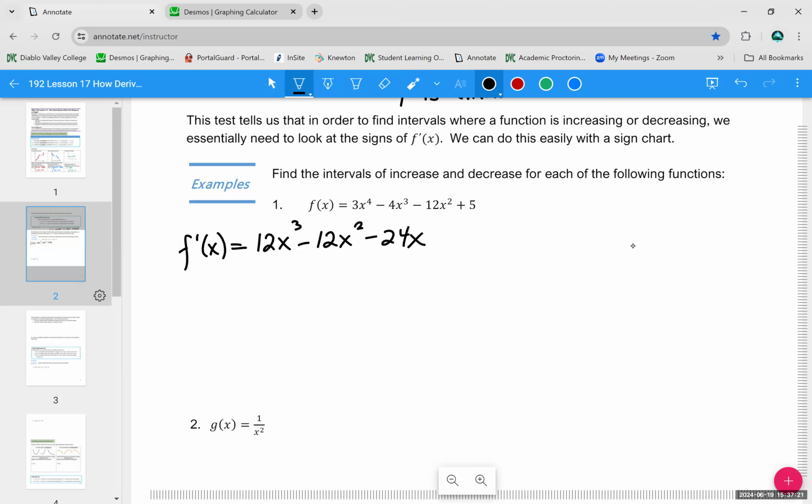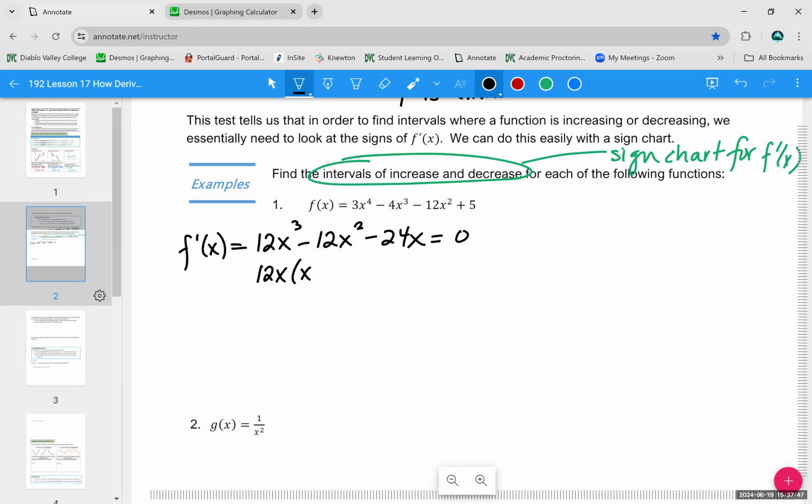And then in order to make a sign chart, I'm just going to find intervals of increase and decrease, which is basically telling us to make a sign chart for f prime of x. But in order to make a sign chart, the first thing you have to do is figure out when it's equal to zero and when it's undefined, but in this case, it's defined everywhere.